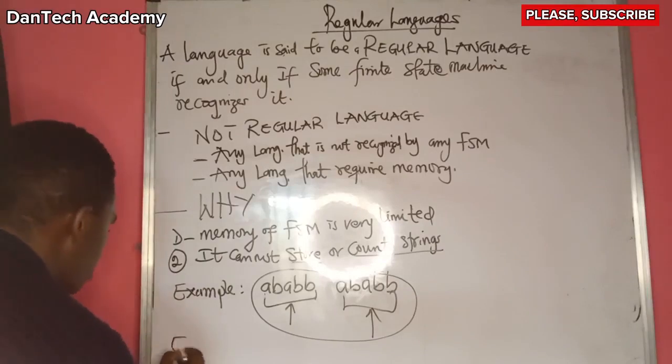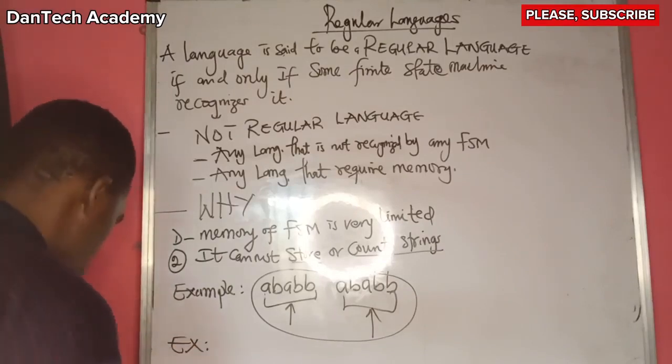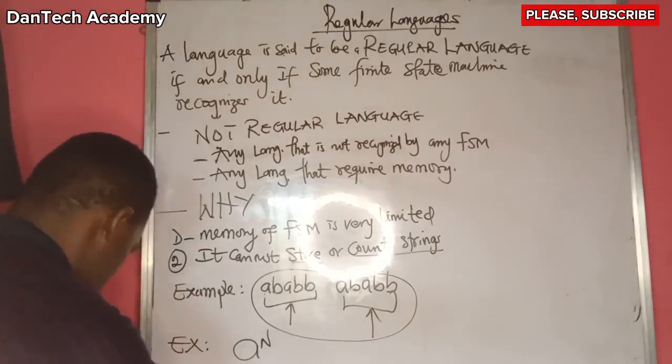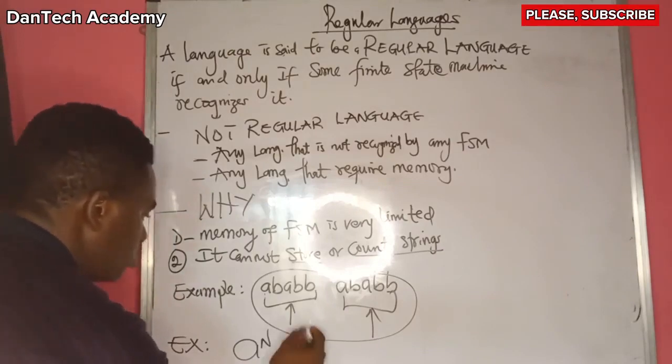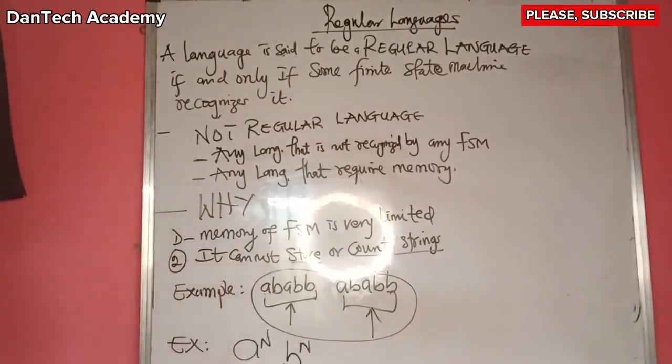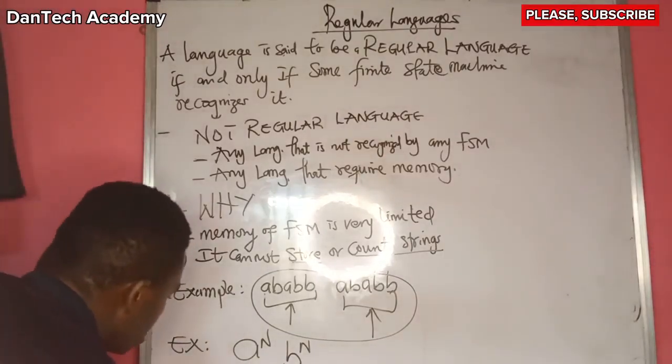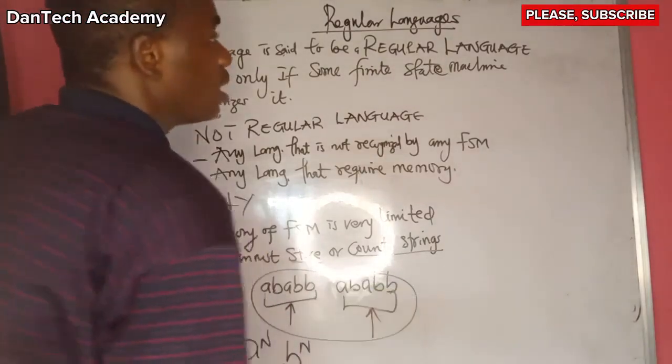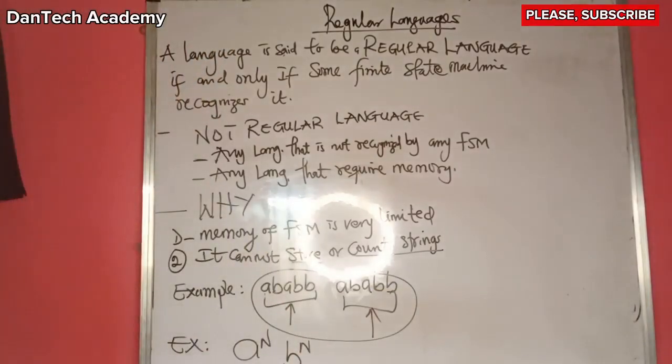Another example here is a^n b^n. We know that a^n simply means, just like when you say 2 to the power of n, that n is a number.